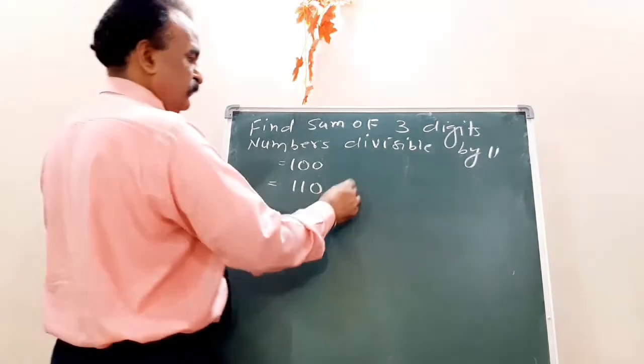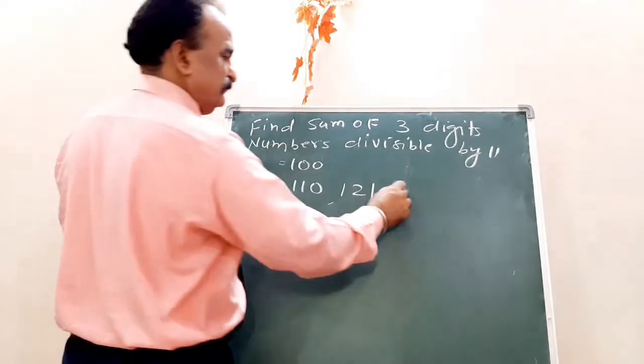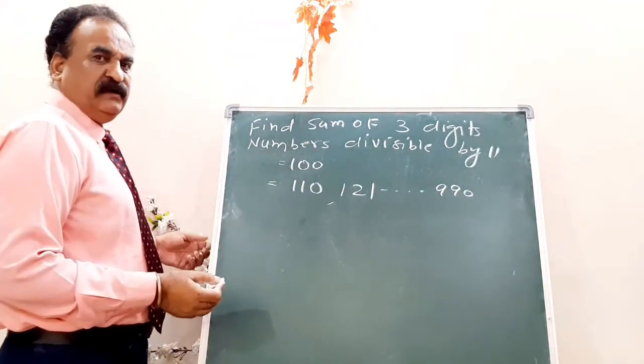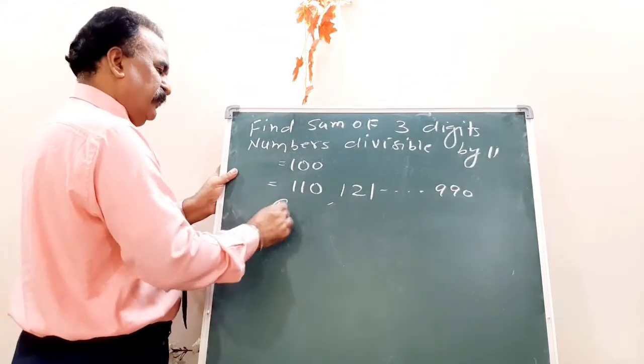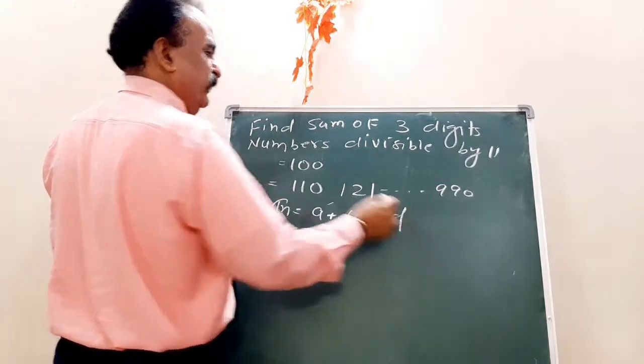Let us see. 110, then 121, because the common difference will be 11, and then up to 990. Now Tn is equal to a plus n minus 1 into d.